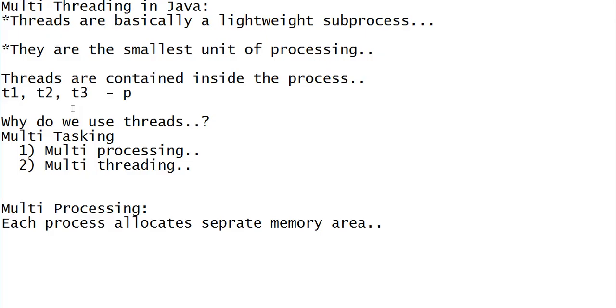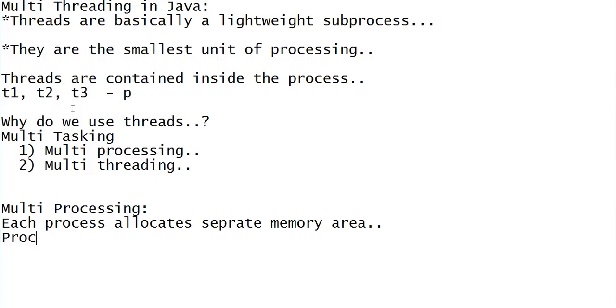The second process P2 comes and also demands another 16 bits of memory. It cannot share the memory that was occupied by P1. It will have to demand a different 16 bits of memory. This is a disadvantage of multiprocessing.